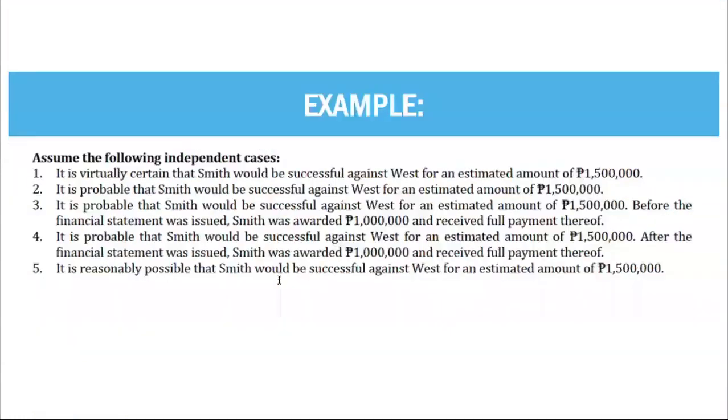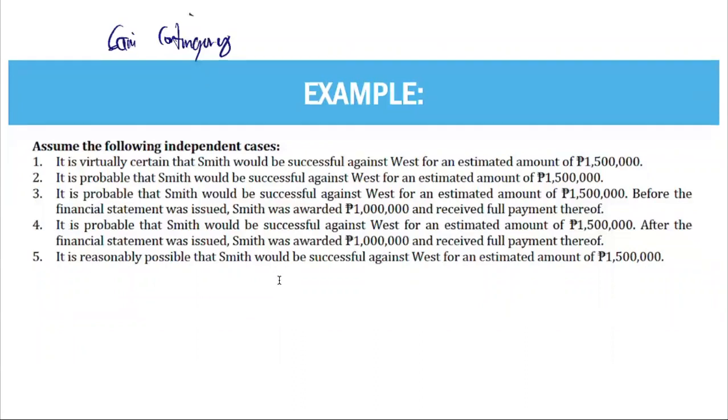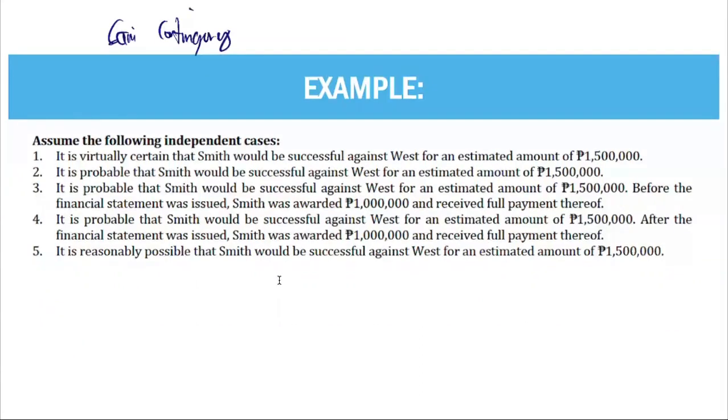Next, we talk about your gain contingency. Okay, gain contingency. Assume the following independent cases. It is virtually certain that Smith would be successful against West for an estimated amount of 1.5. Before we answer our gain contingency, let's have a review. Virtually certain, measurable, accrue and disclose.